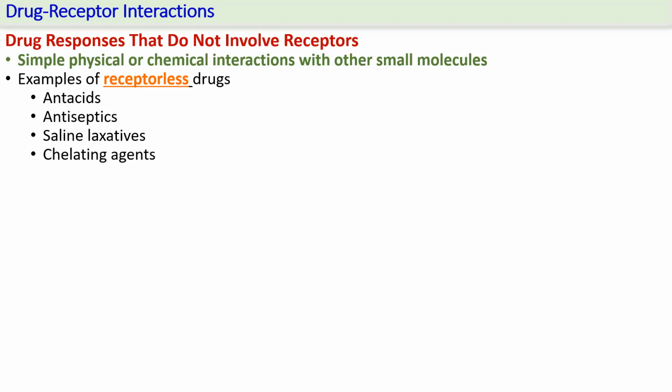So, drug responses that do not involve receptors. We have examples of these receptorless drugs, like antacids, which have a direct interaction with the stomach acid.